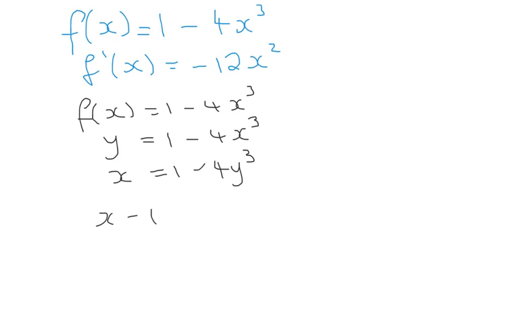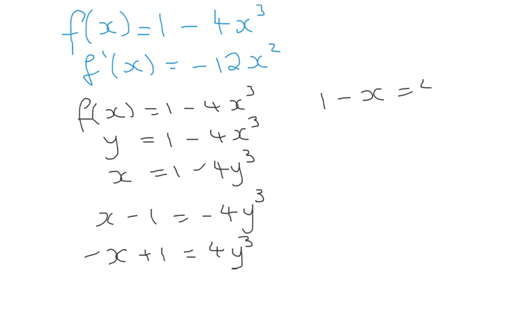X subtract 1 equals negative 4y cubed. We'll multiply through by negative 1. Negative x add 1 equals 4y cubed. So I can change the order of the left hand side to 1 subtract x equals 4y cubed.